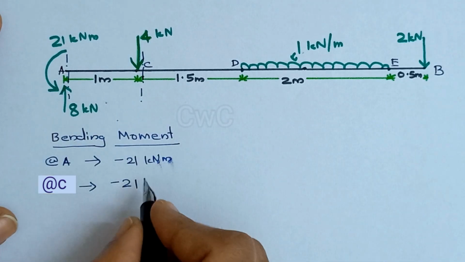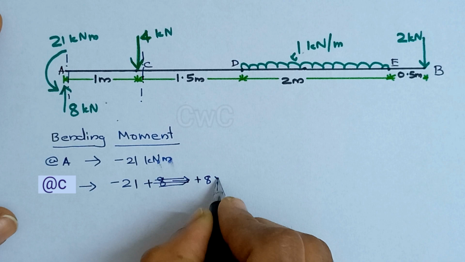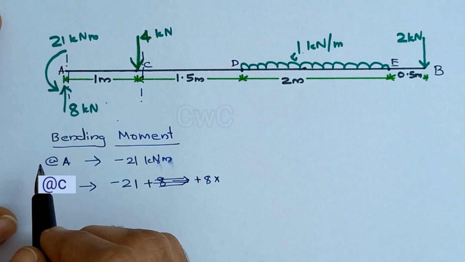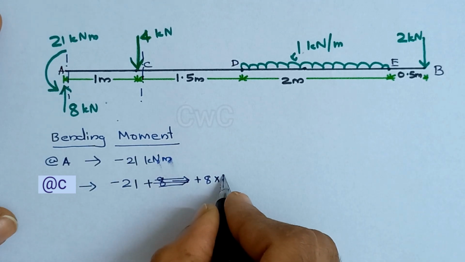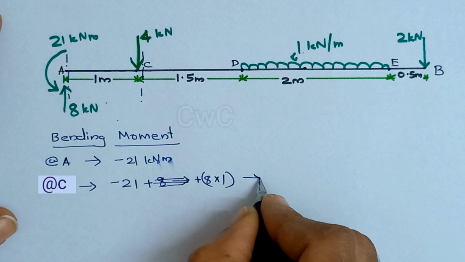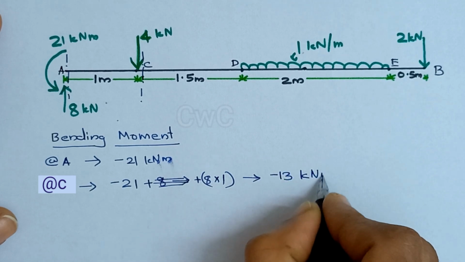So we have to take it as positive, 8 into the distance of the force from the section, that is 1. So we will get a value of minus 13 kilonewton meter.